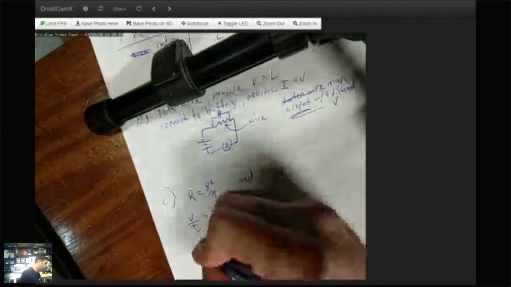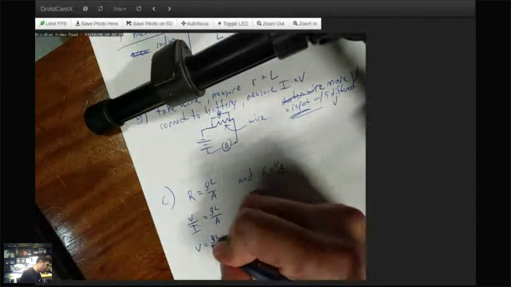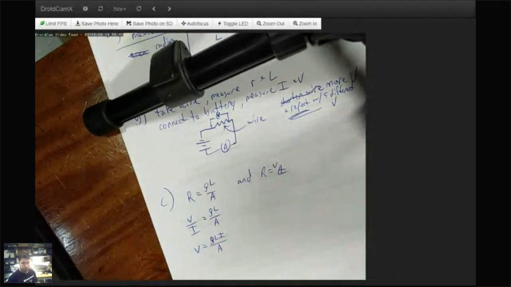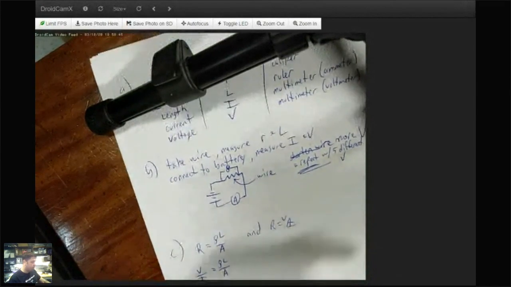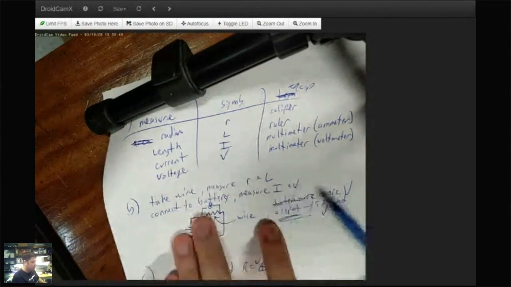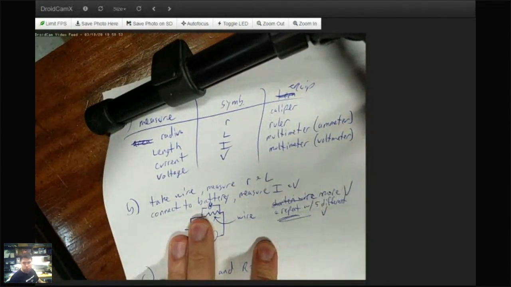But in my case, because we said we're changing V, this means V equals rho L I over A. Okay, so if I am measuring V, what's the other thing in this list? As I change V, what else of my measured values should change? What's the other one that would make sense to graph on here?